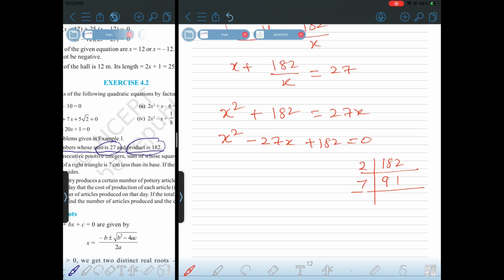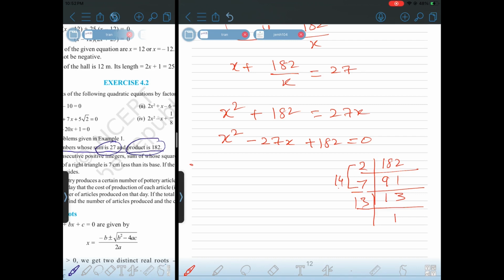So try with 7. 7 1s are 7, 7 3s are 21, and 13 is a prime number, so it will not go any further. So 13 1s are 13. Now we have got these factors, so we have to arrange them in a way that gives us 27. This shows as 14, right? 14, and 14 plus 13 is 27.